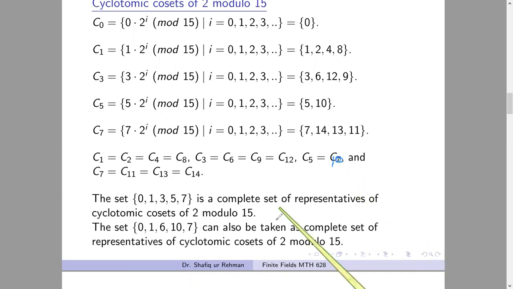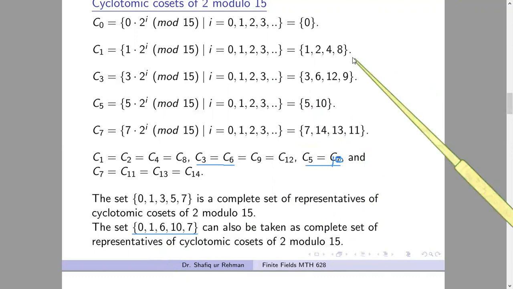So we can replace 3 with 6 because C3 and C6 are the same. Similarly, we can replace 5 with 10 because C5 and C10 are the same. So this set is not unique. We can take any other set by replacing these elements from their cyclotomic cosets, and that can serve as a set of all representatives of these cyclotomic cosets.